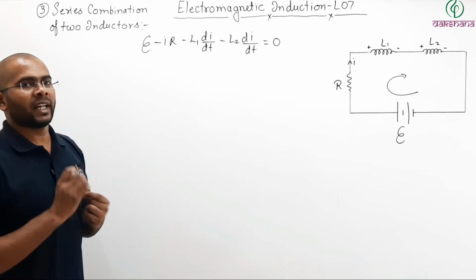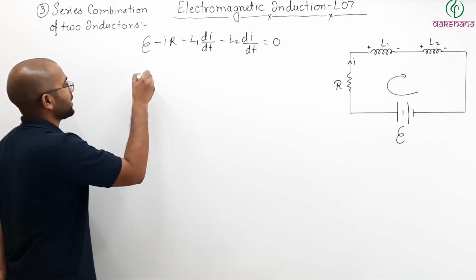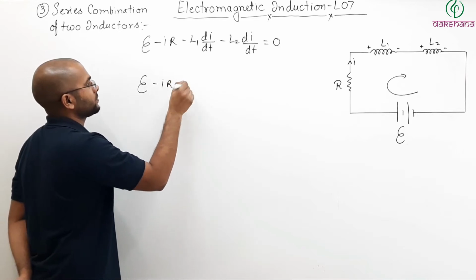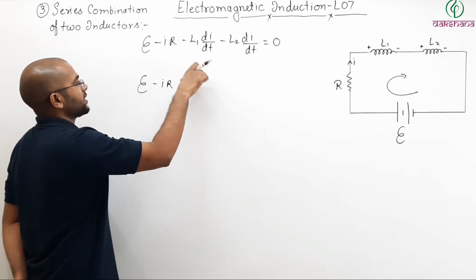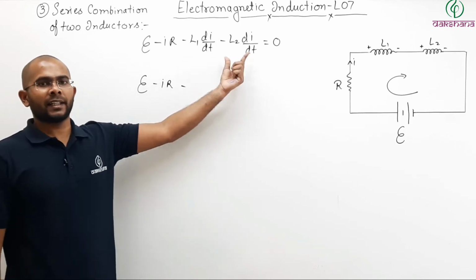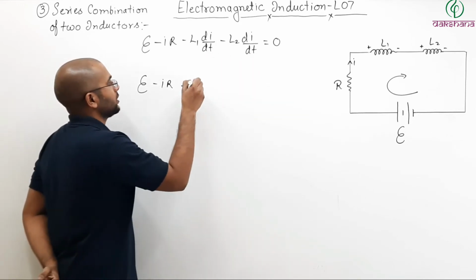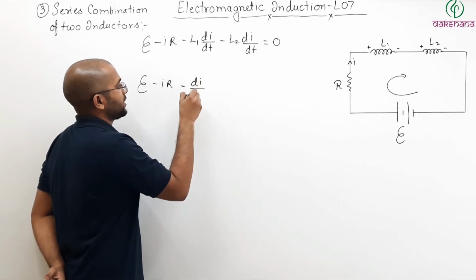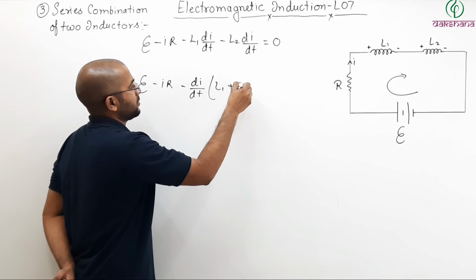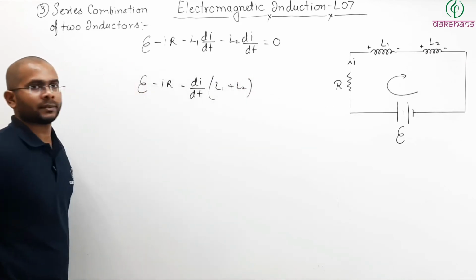Now let us modify this a little bit. Can I take di by dt common? So minus of di by dt common and inside will be L1 plus L2 like this.